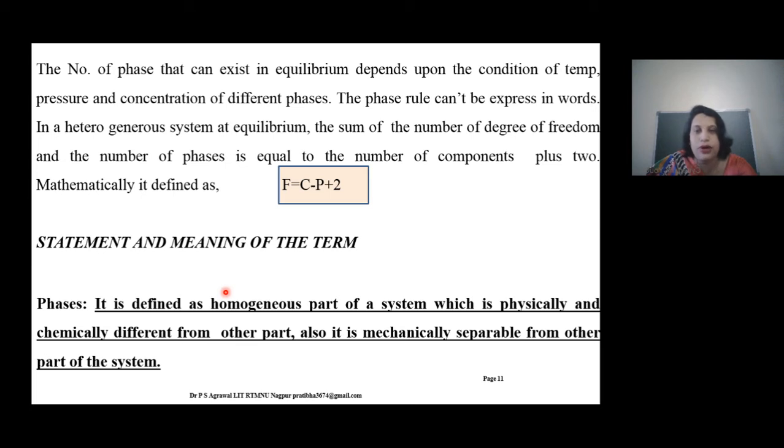If there are n components in a solid mixture, the phase is n. And in liquids, it depends on the solubility, whether miscible or not miscible. Likewise, we can determine the phases of the system, meaning solid, liquid, gas, or any other phase which is separable.